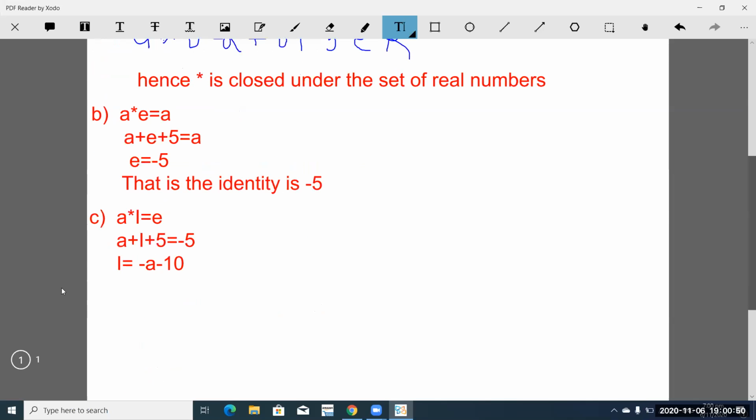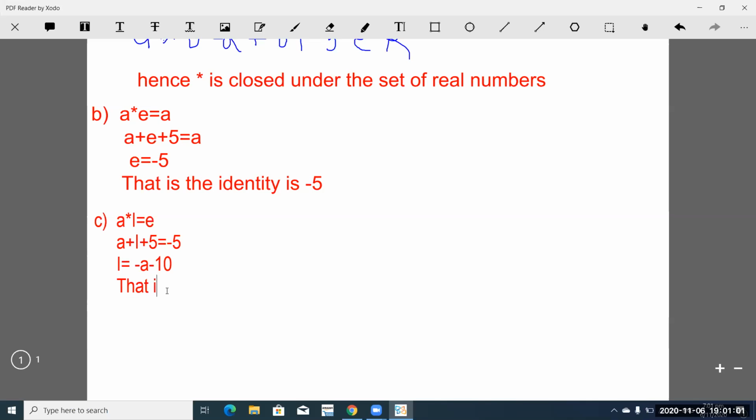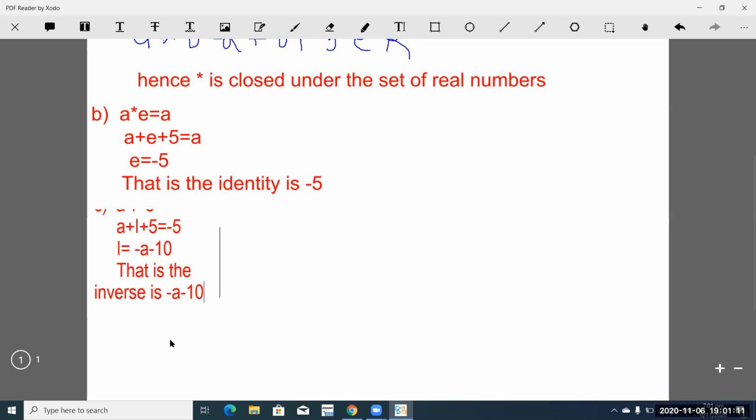And so we can conclude that the inverse is minus A minus 10.